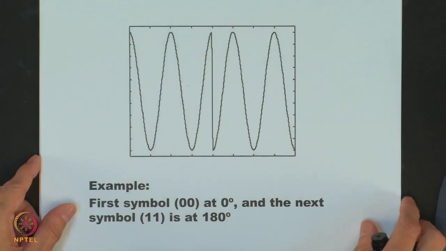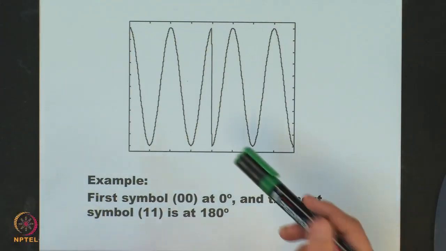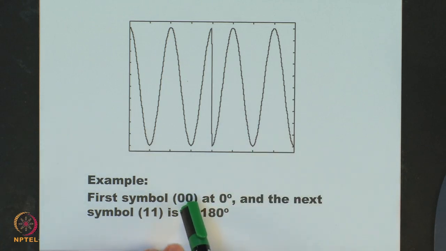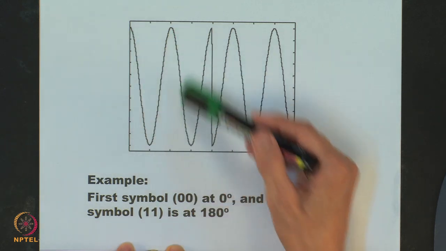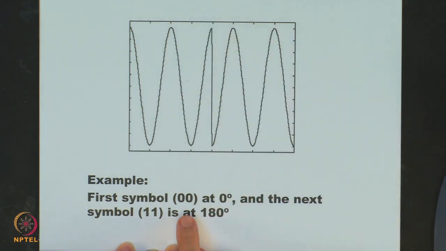Let us take another example. This figure out here shows that if I transmit symbol 0 0 and then transmit symbol 1 1 using QPSK, then this is the output which I will get, correct?